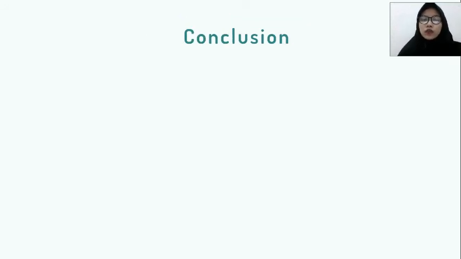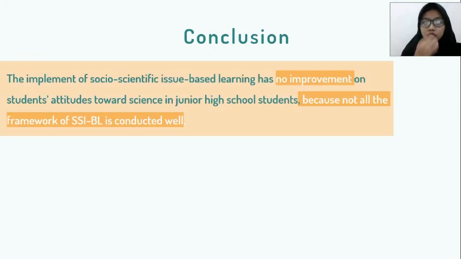Okay, the last one is the conclusion. First, the implementation of socio-scientific issue-based learning in the study has no improvement on students' attitude towards science in junior high school students because not all the frameworks of socio-scientific issue-based learning were conducted well.